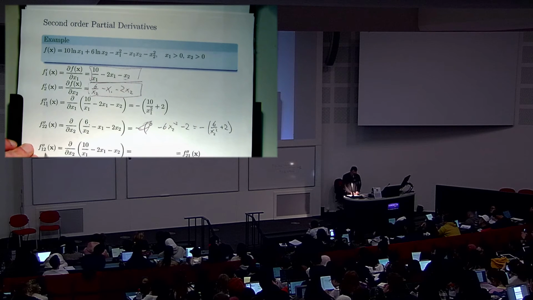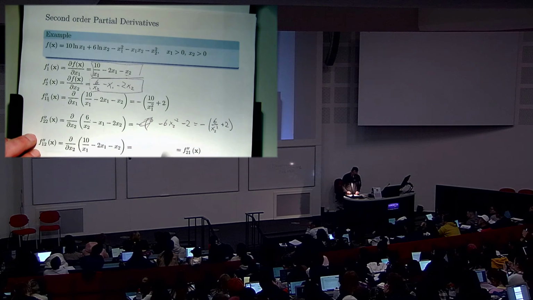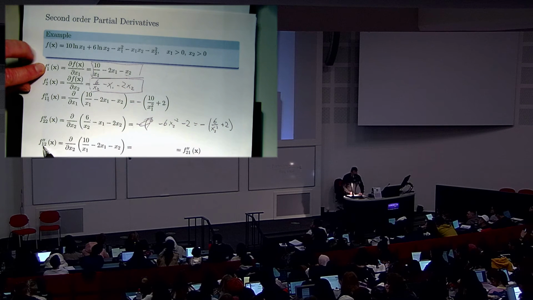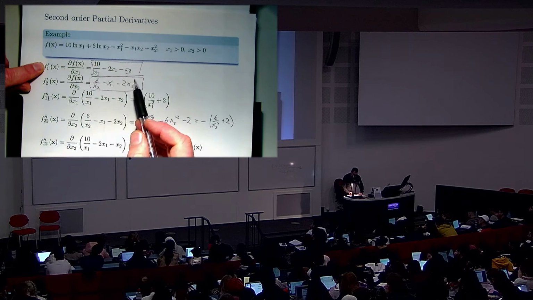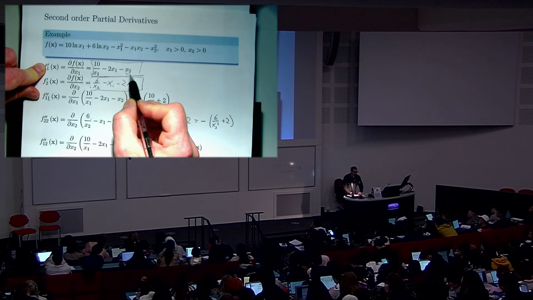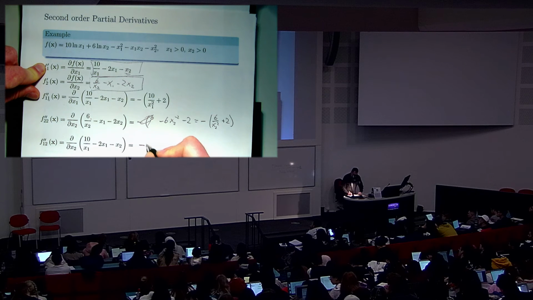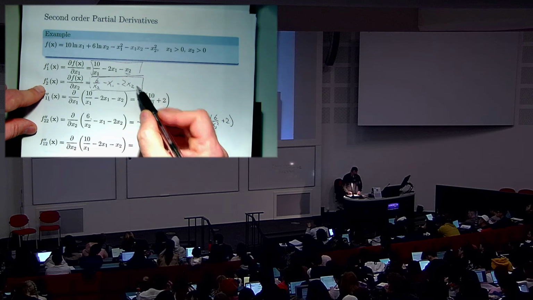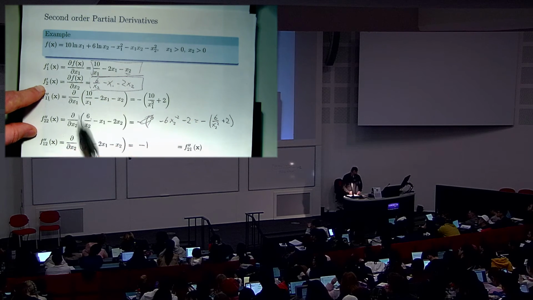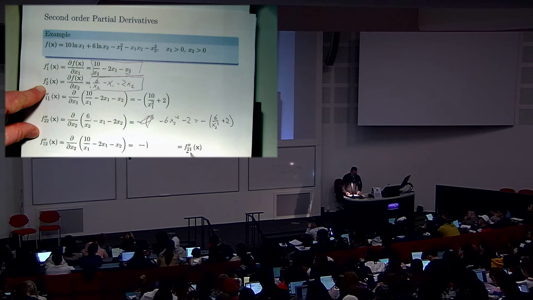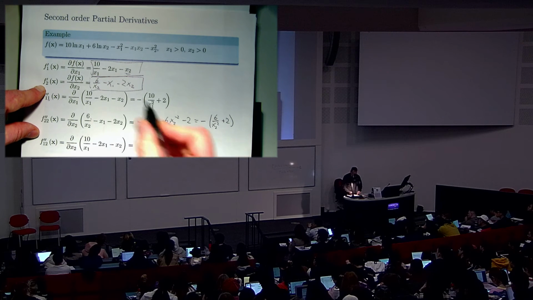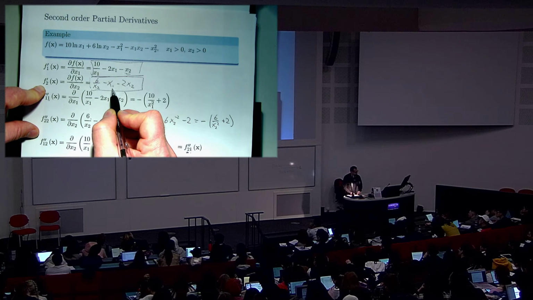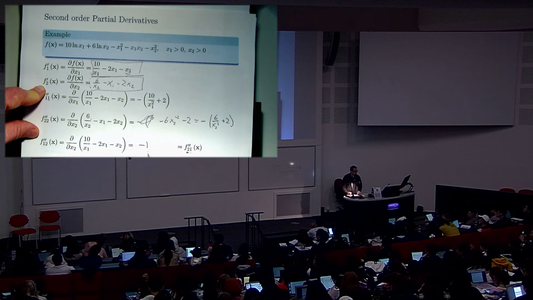So then, the cross partial derivative, we can start either way. Let's take f1, as we said here, and then take the partial derivative with respect to x2. The only x2 term is here, so that partial derivative is negative 1. And we can also try it from here. Okay, so we start with f2 and then calculate the partial derivative with respect to x1. The only x1 term in here is this one, and the partial derivative of that's negative 1 again. Okay, phew, we've got it right.